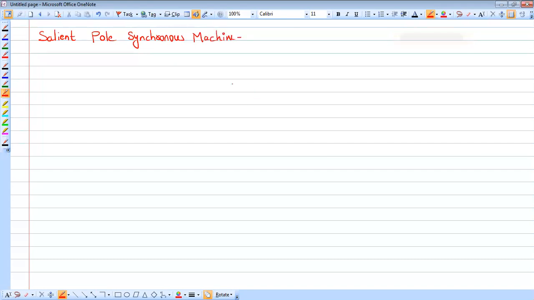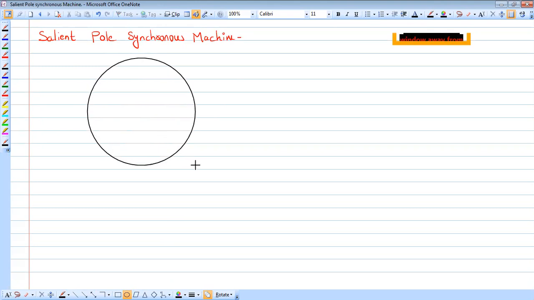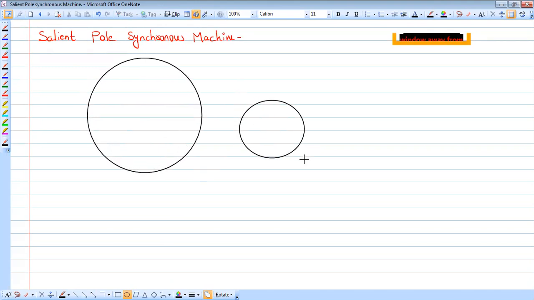Okay, salient pole synchronous machine. If you observe the air gap between stator and rotor in case of salient pole machine, it is not uniform, right? It will vary.